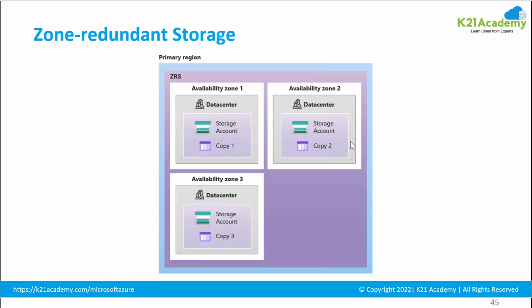The meaning of presenting this slide is that replication control is very important. LRS will give you fault tolerance, ZRS will give you high availability, and GRS, GZRS will give you high availability and disaster recovery. And GZRS will give you the highest level of resilience.